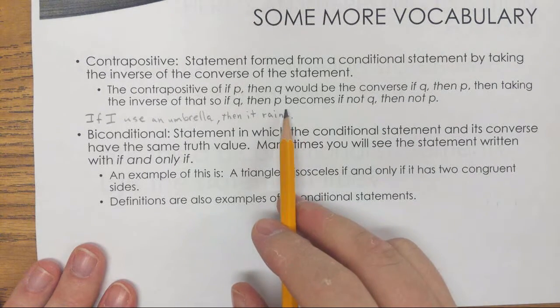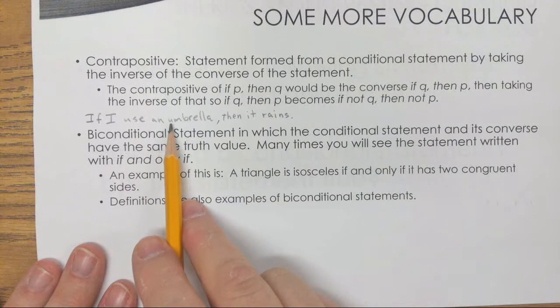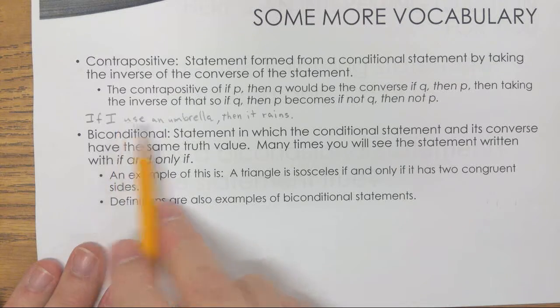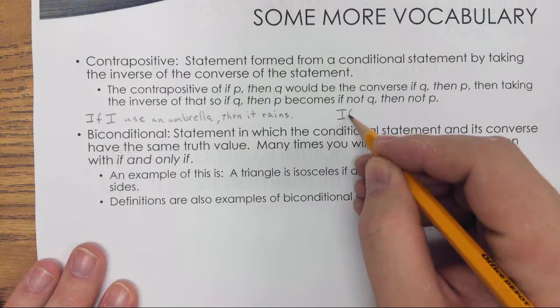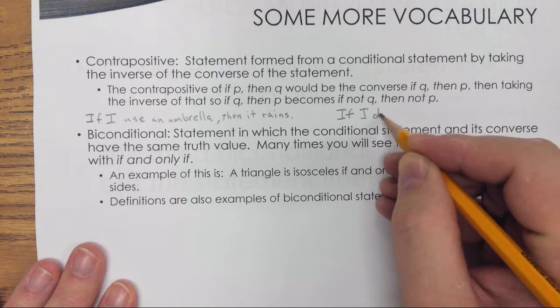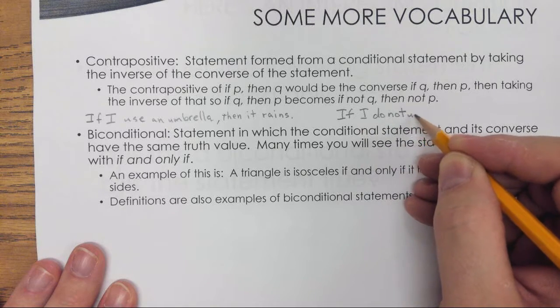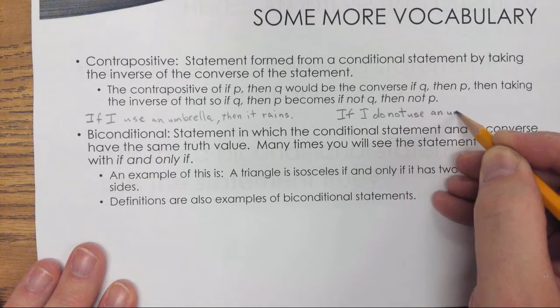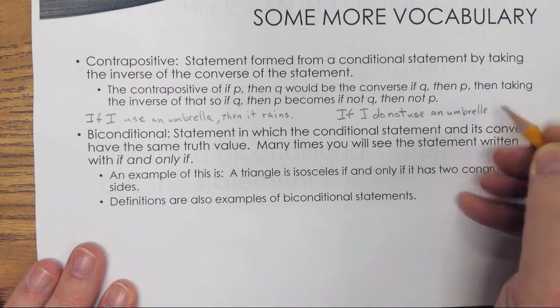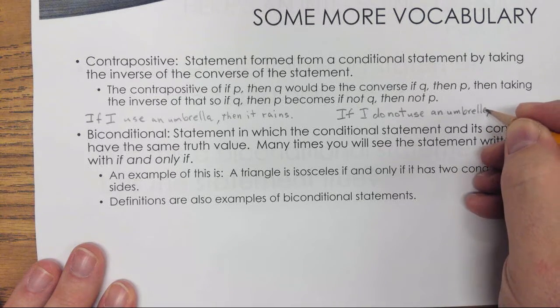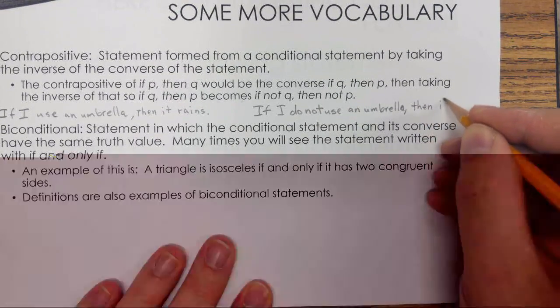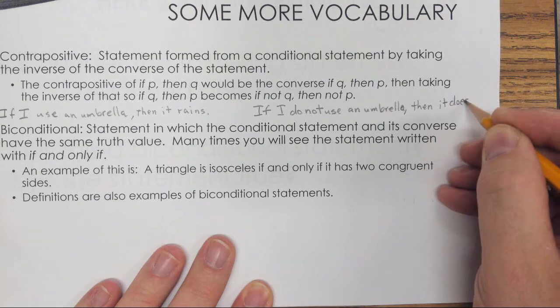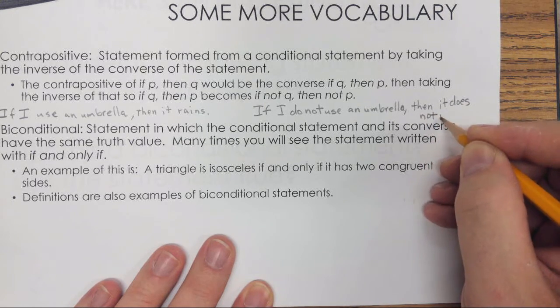Well, then the next step, to make this the contrapositive of that conditional statement, would be to introduce the not into this. So then the contrapositive is going to be if I do not use an umbrella, then it does not rain.